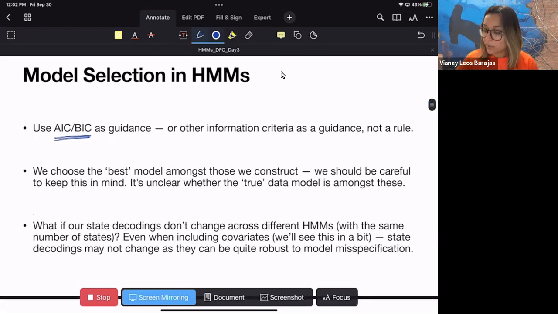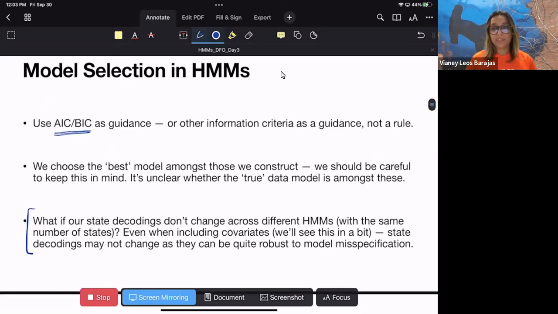And now, also in terms of the state decodings, what if our state decodings don't change across different HMMs with the same number of states? We can maybe reflect about this a bit more in the tutorials, but it could be that incorporating covariates or extending the models, making them more complex, but keeping the states the same, doesn't actually change the state decodings or the state assignments.